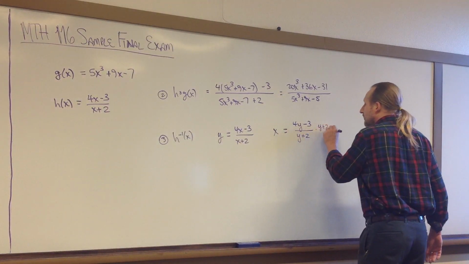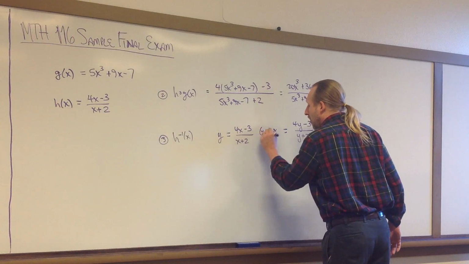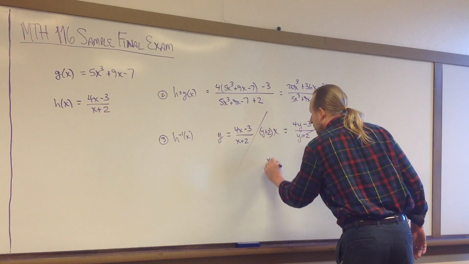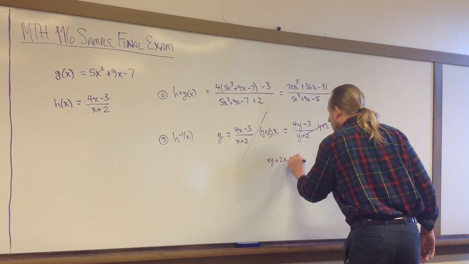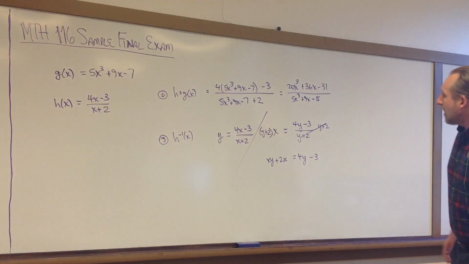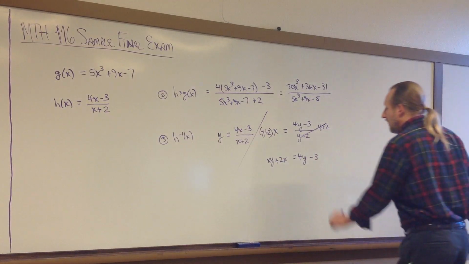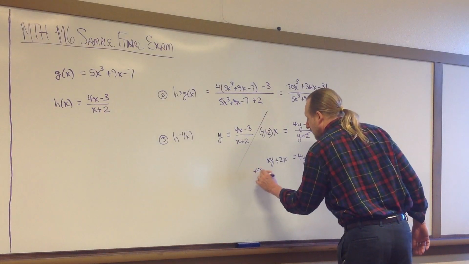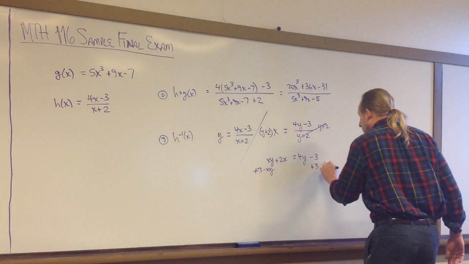So let's clear out the denominator. And those cancel. This will be xy plus 2x equals 4y minus 3. I'll add the 3 over to this side and subtract the xy over here.